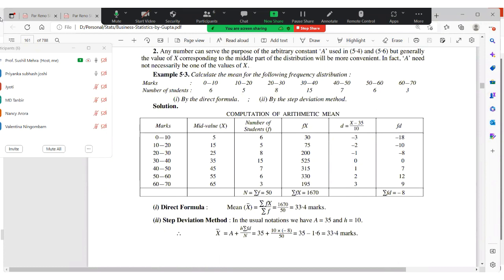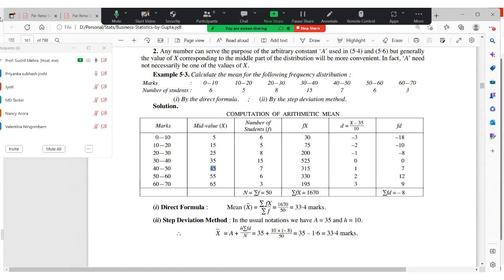For example, let me consider this is a discrete series. Forget these intervals. Let the question be given these marks. You can choose any number from this or any number of your choice, any number which is not lying on this. You can even choose 30 also.